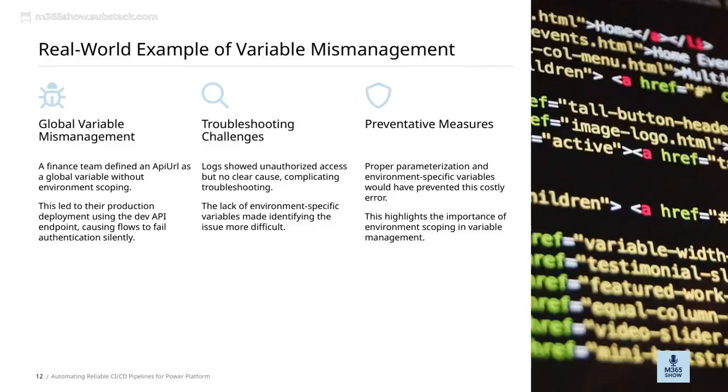As a result, during production deployment, the system ended up using the development API endpoint. This caused flows to fail authentication silently, which can be very confusing and hard to diagnose. So the main takeaway here is that managing variables properly, especially with environment scoping, is critical to prevent errors, streamline troubleshooting, and ensure smooth deployments. It's a vital part of building reliable, scalable automation processes.